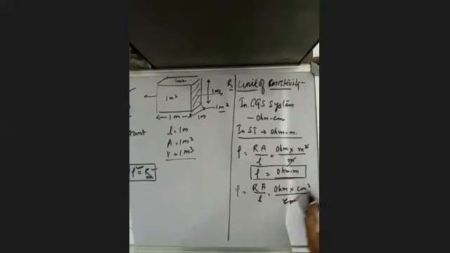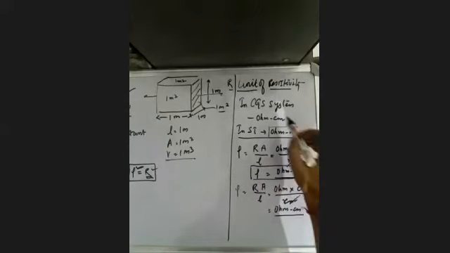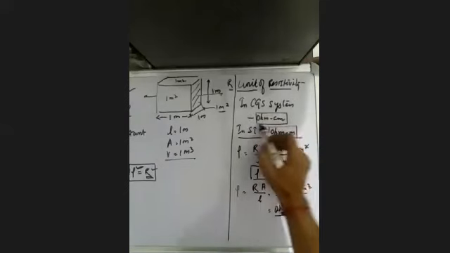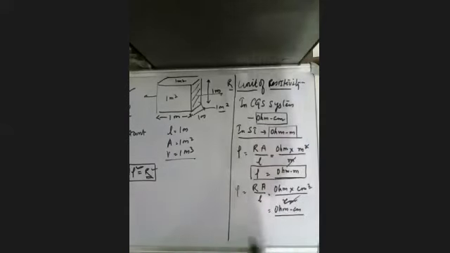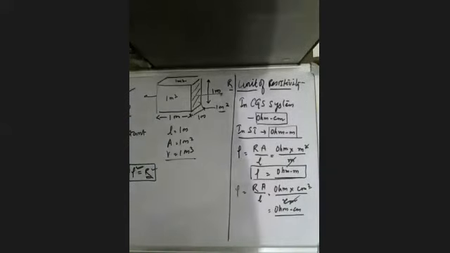So it will become ohm centimeter. So in CGS it is ohm centimeter, in SI it is ohm meter. That is the unit of resistivity of any conductor.